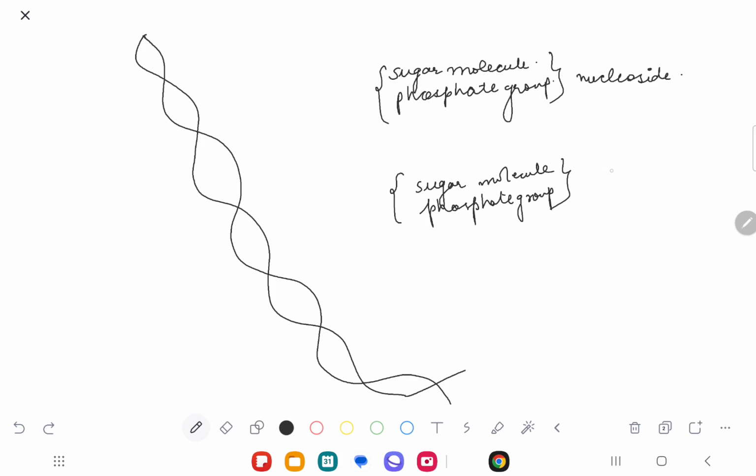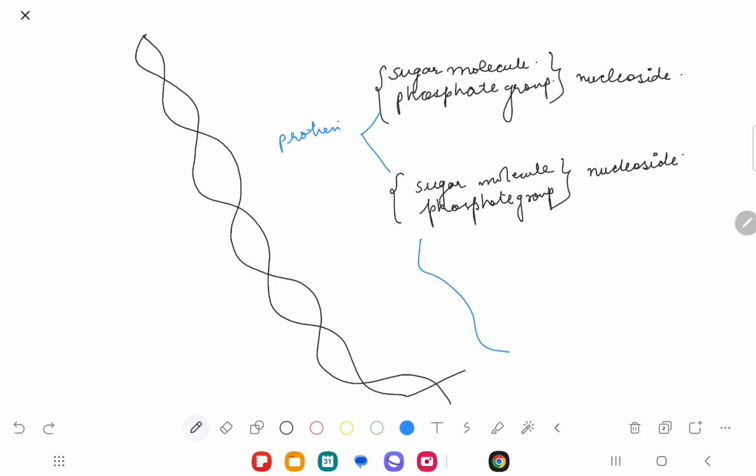So this group of sugar molecule and phosphate group is called another nucleoside. And these nucleosides are joined together by a group which is called a nucleotide, joined by proteins. So three things make up this one strand.